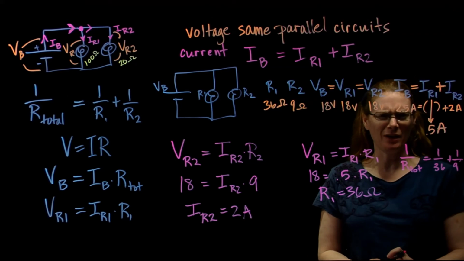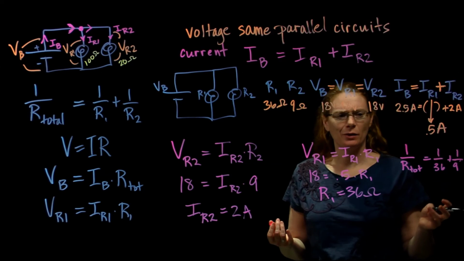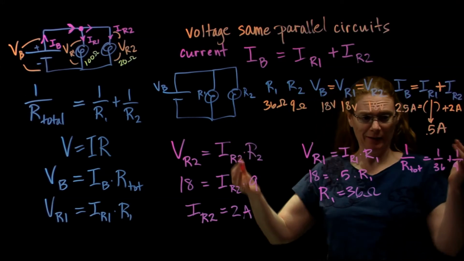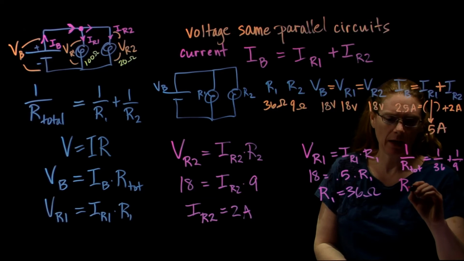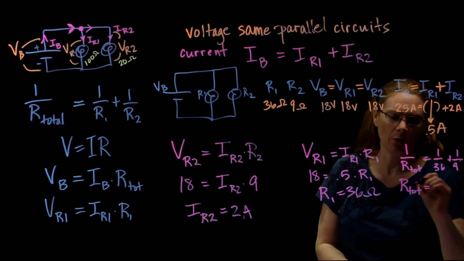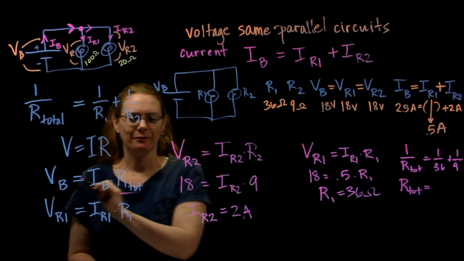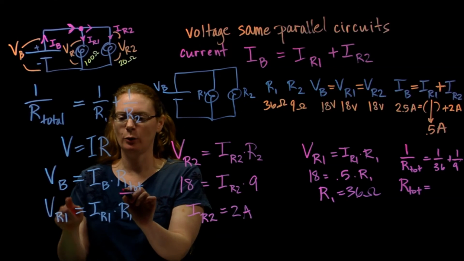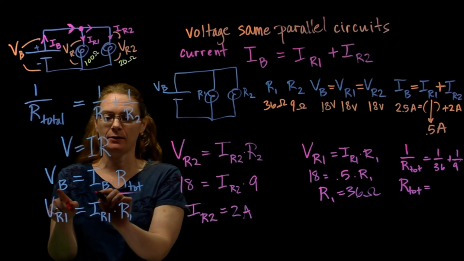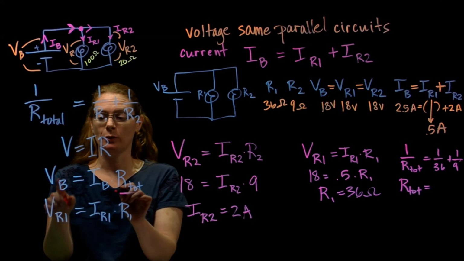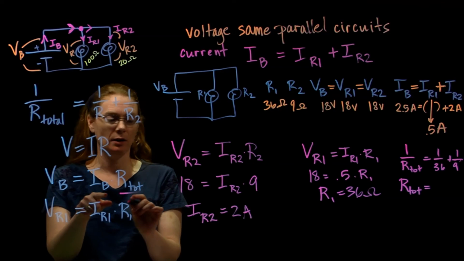How can I use that to figure out anything? You might say that doesn't help at all. Well, we can figure out what our total is, and that's right here. If we know our total, we can verify that we get the same total with VB and IB.